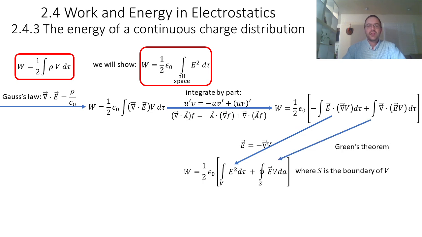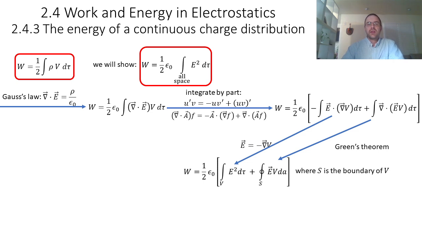For the second integral, we have an integral over a volume also of a divergence. So according to Green's theorem, we can replace this by the integral over the surface boundary without the divergence operator. So the second integral is the integral over the closed surface boundary of the volume of E times V dA.